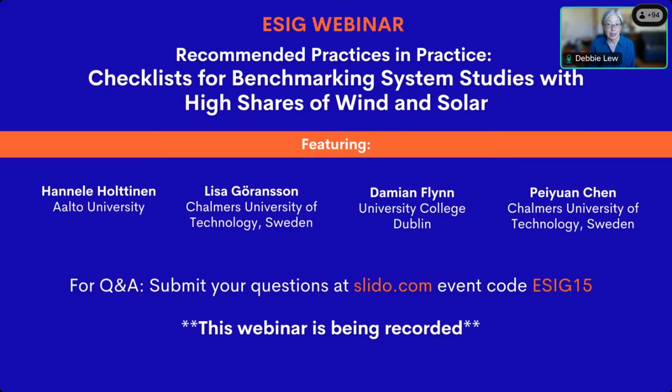And finally, rounding out the panelists is Professor Damian Flynn at the University College Dublin in Ireland. He focuses on power system dynamics, grid integration of renewables, and power generation control, and leads the stability work under the IEA task.